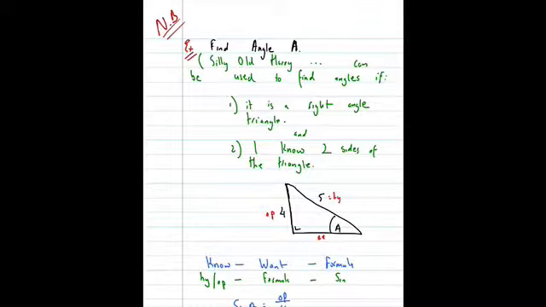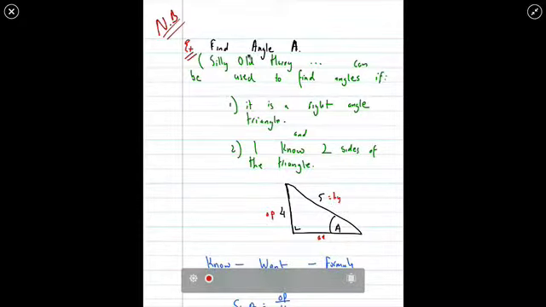Can I use it here? What am I looking for? An angle. Pythagoras' theorem is for when I know two sides and I'm looking for a third side. Do you see the difference, Adele?